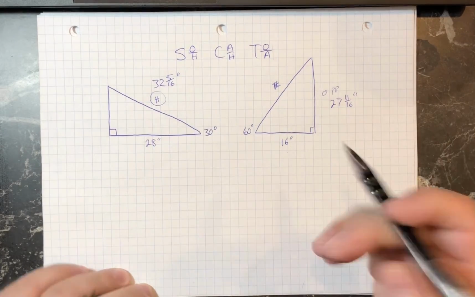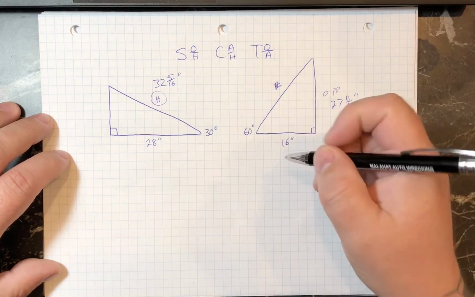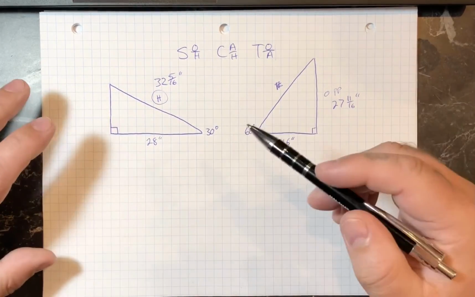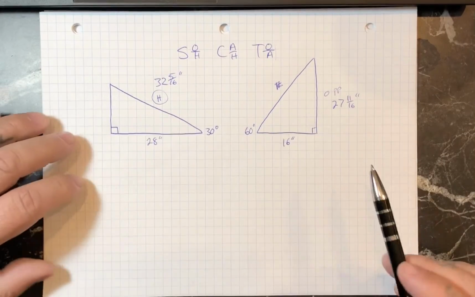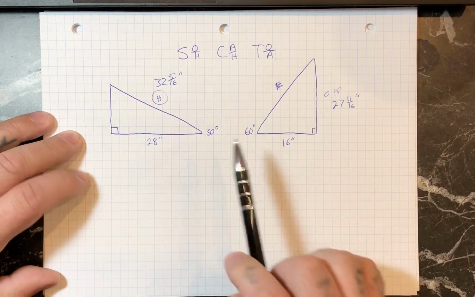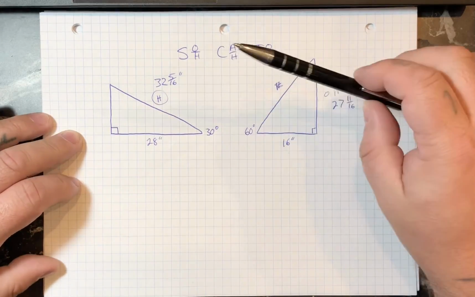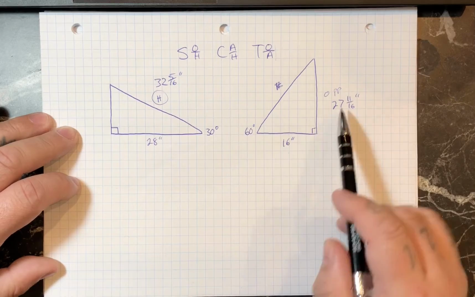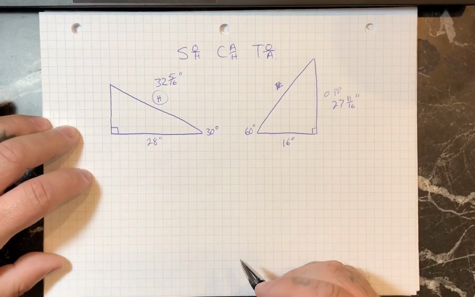The other thing you got to know with the calculators and doing trigonometry is sometimes you'll have to use the second function, and I'm sure you guys remember that from previous years. So anytime you have a given angle and a given side, you're just either multiplying or dividing. You're going to use the trigonometric function, the angle, multiply or divide. If you have two measurements and I'm looking for an angle, that's when the second function comes in.